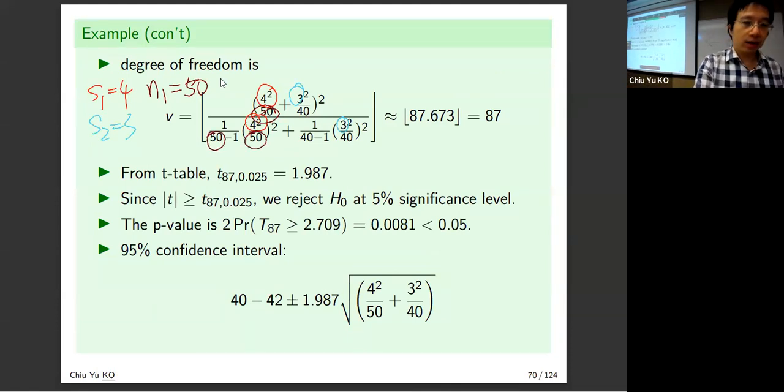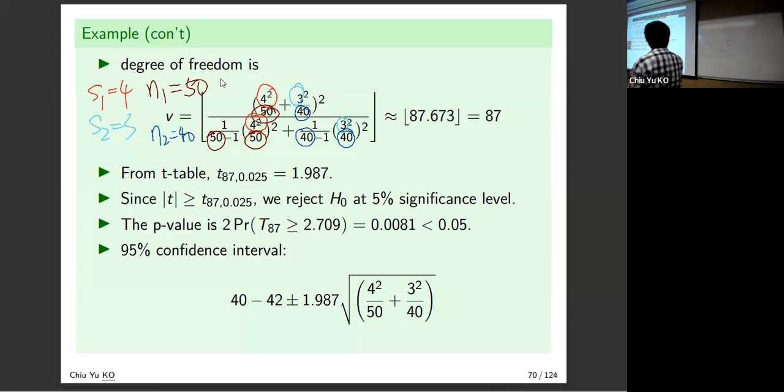And N2 is 40, so that's how we get the rest of the number. Kind of crazy, I would agree. But if you have a computer, it automatically calculates, and they tell you this is 87.